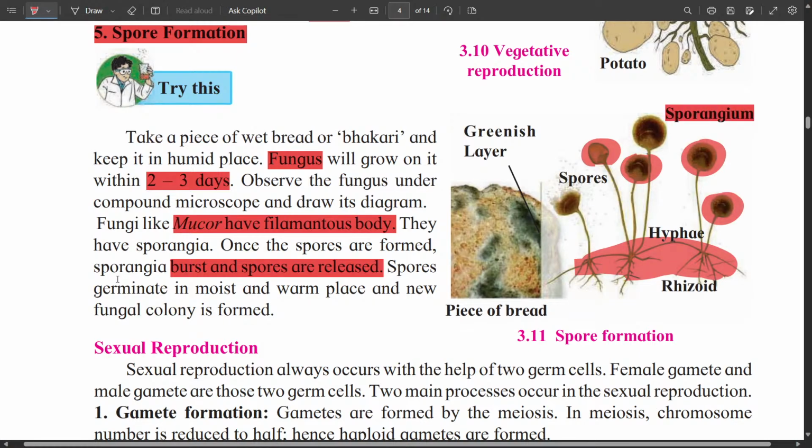When the sporangium bursts, new spores are formed and spread in the environment, and then they wait for favorable conditions to start their new generation. So this is the fifth type of asexual reproduction taking place in multicellular organisms.